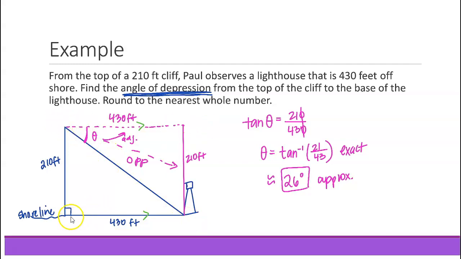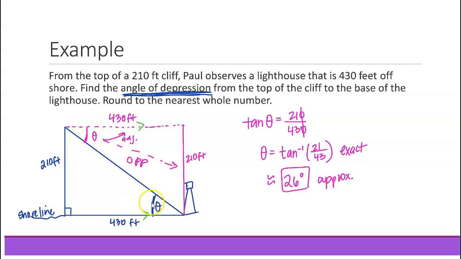So when two parallel lines are cut by a transversal, opposite interior angles are congruent. So that means that this angle here, down here by the base of the lighthouse, is also theta. So if I have parallel lines cut by a transversal, then opposite interior angles are congruent.